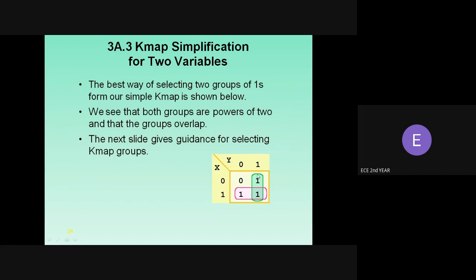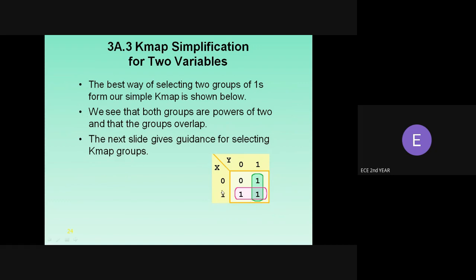You see here, there is one vertical group, and you will have another one, a horizontal group. Let us see how to write the equation for this. If you take 1 1, you see 1 is presented, which is nothing but y. And if you take the horizontal input 1 1, you will have 1 here.